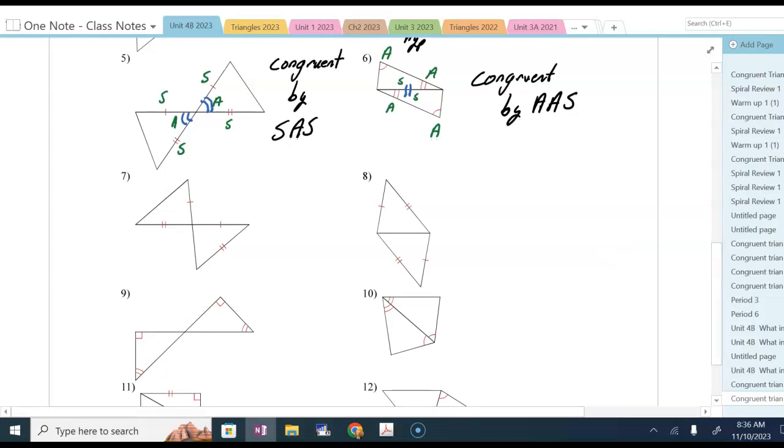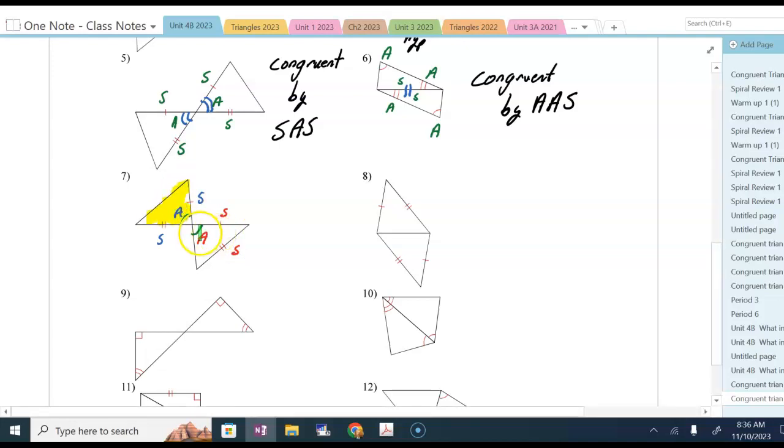Continuing, in problem number 7, we're going to mark the vertical angles. Then in the triangle at the top, we have side, angle, side. For the triangle at the bottom, we have angle, side, side. Notice they are different.